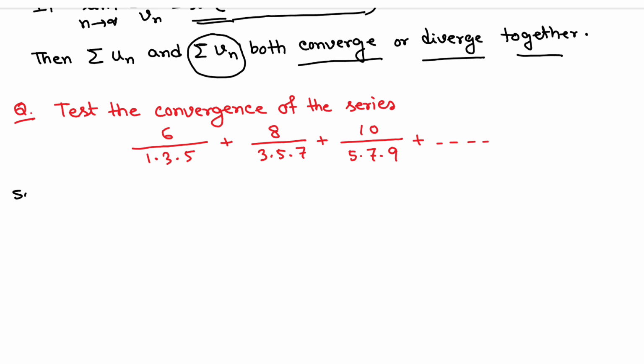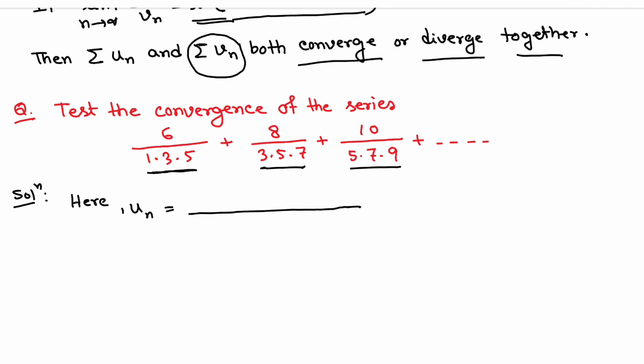Solution. Here un equals to, just think in reasoning concept. First let's calculate the denominator. The first term denominator contains 3 numbers, second term 3 numbers, third term 3 numbers. So obviously in the nth term there will be 3 numbers.